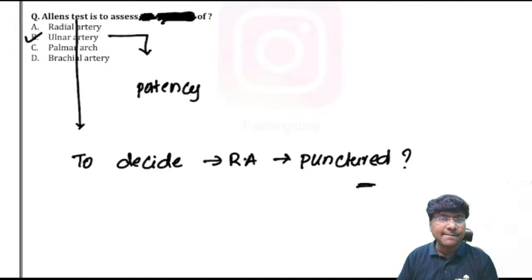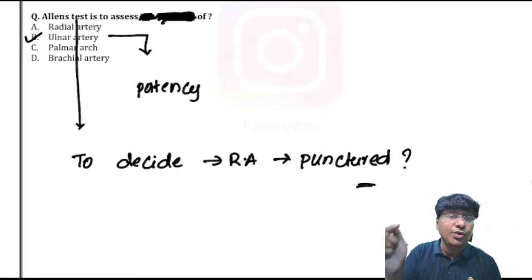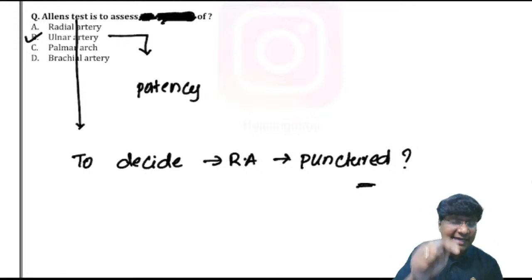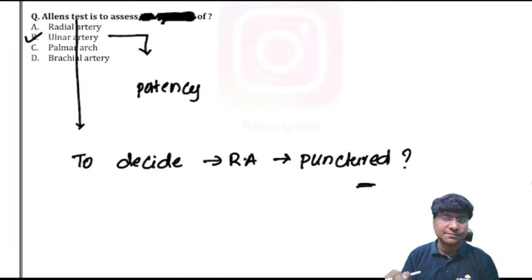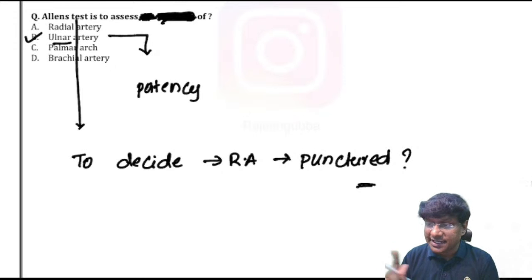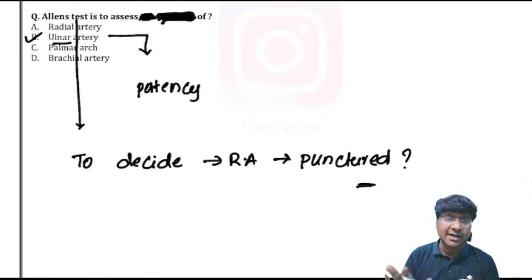Before doing the radial artery puncture, we do Allen's test, mainly to assess the patency of the ulnar artery. Varun, it is not radial artery, it is ulnar artery.